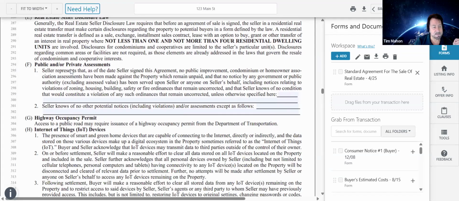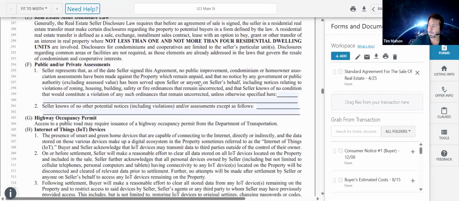If there are any outstanding public or private assessments against the property, that should actually be on the disclosure statement. If you find out after the fact that there are, it does become an issue because the seller is obligated to pass that information on to the buyer. I'll give you an example.